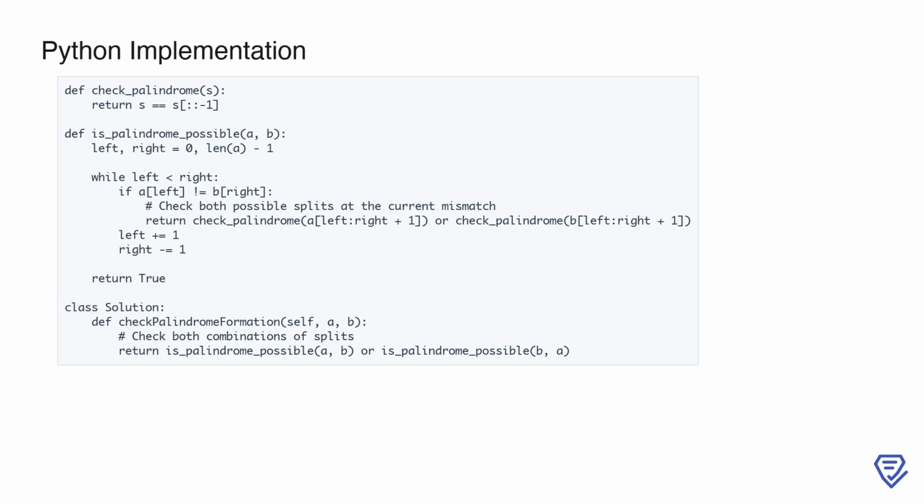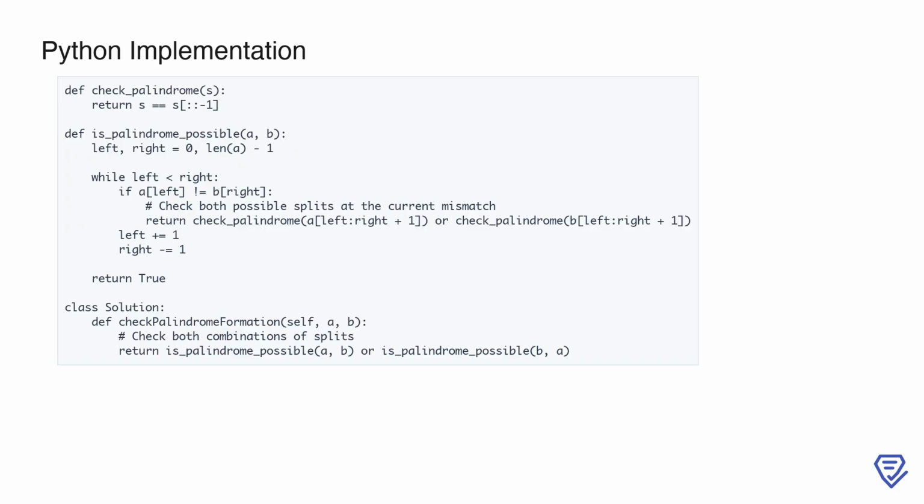3. Main function, check_palindrome_formation. This function is the entry point of the solution. It calls is_palindrome_possible twice. Once with A as the prefix and B as the suffix. Another time with B as the prefix and A as the suffix. If either combination produces a valid palindrome, the function returns true.